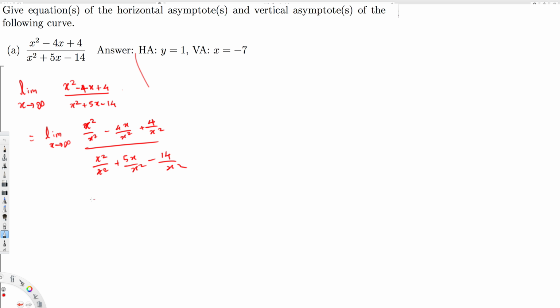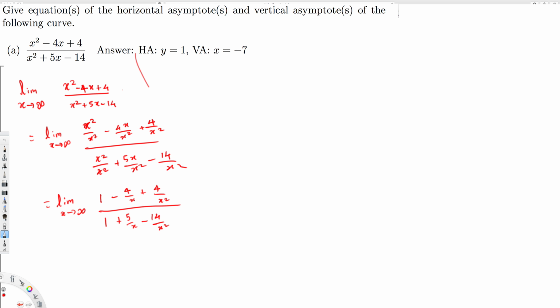Now what's going to happen is, as x approaches infinity, x square over x square cancels and it becomes 1 minus 4 over x plus 4 over x square, and the bottom we have 1 plus 5 over x minus 14 over x square.